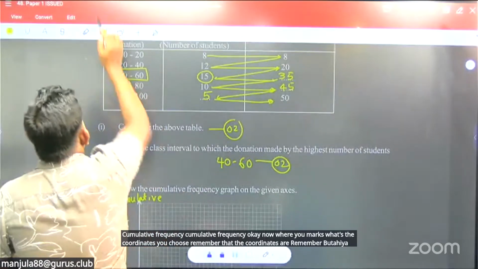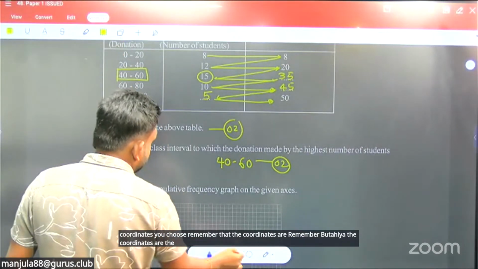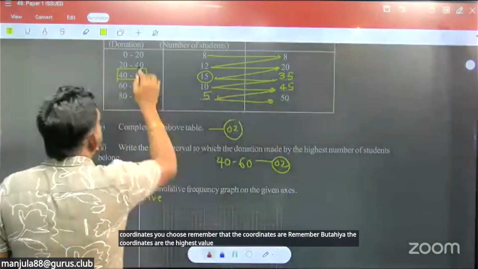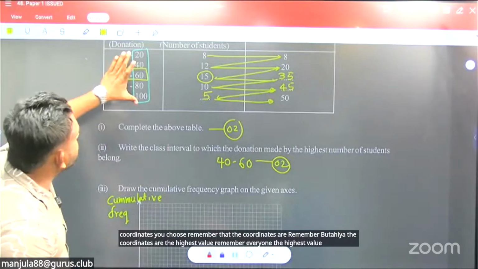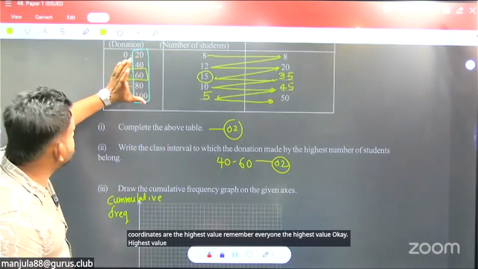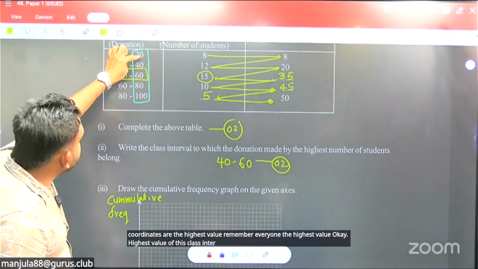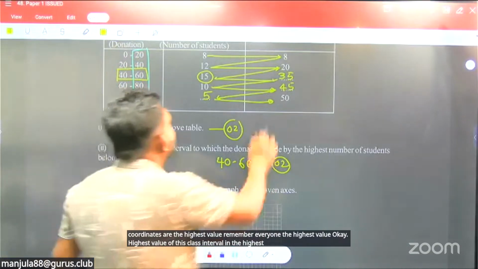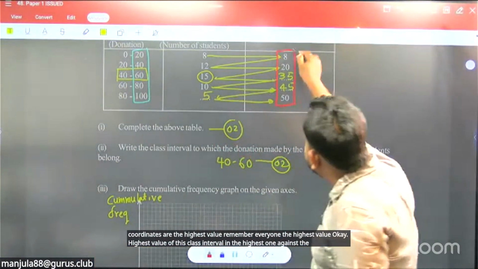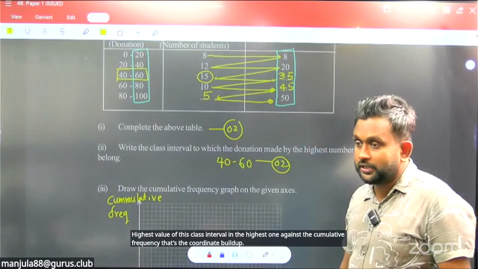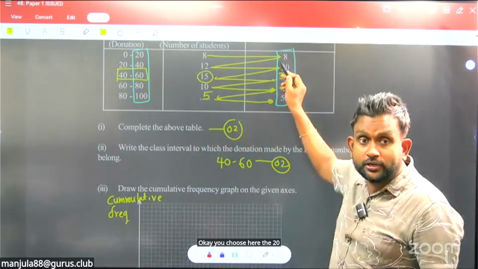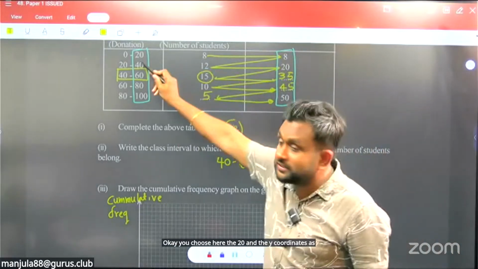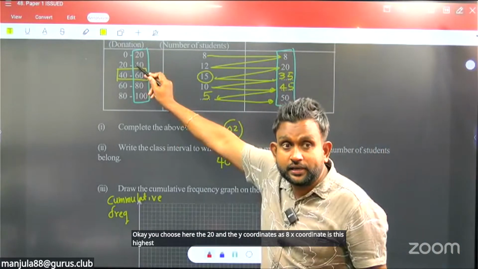Now, what coordinates do you choose? Remember, the coordinates are the highest value of the class interval against the cumulative frequency. That's how the coordinates are built up. You choose here the 20, and the y coordinate as 8. The x coordinate is the highest value of the class interval.